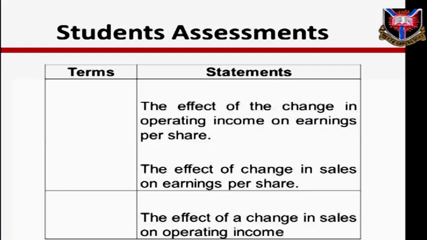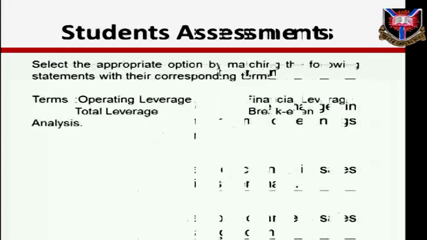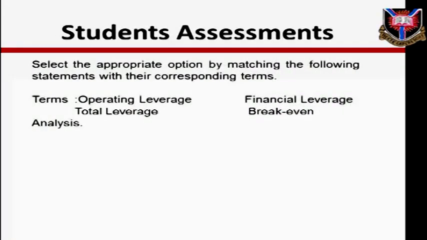The net income approach suggests that both the overall cost of capital and the market value of the firm are affected by the firm's use of leverage. The traditional approach assumes that there is an optimal capital structure and that the firm can increase its value through leverage. This is the end of study session 12.